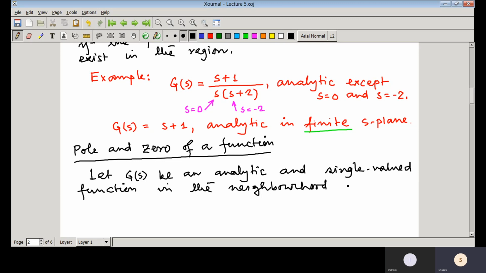In the neighborhood of point P. So P is a point. That means if you just consider the neighborhood of that P, excluding that point P, everywhere that function is analytic and single valued function.